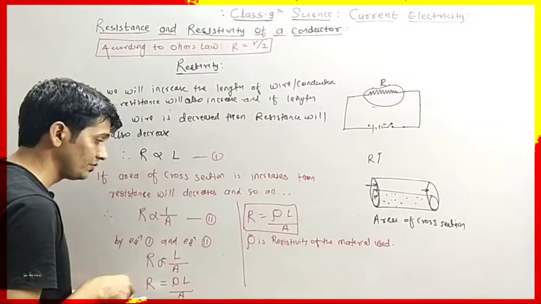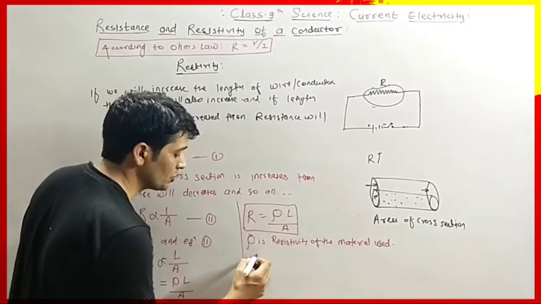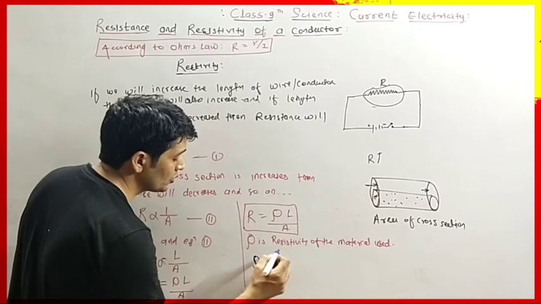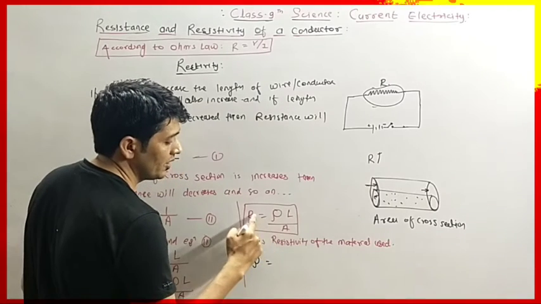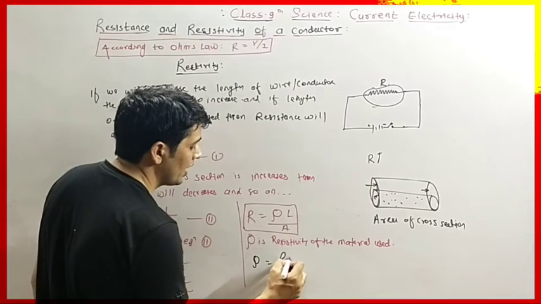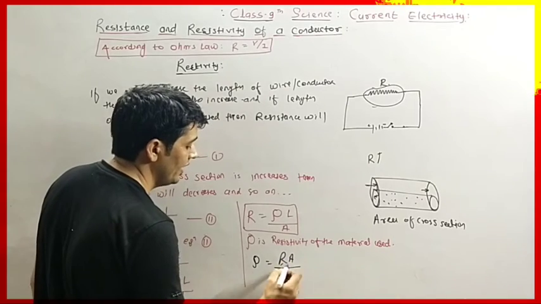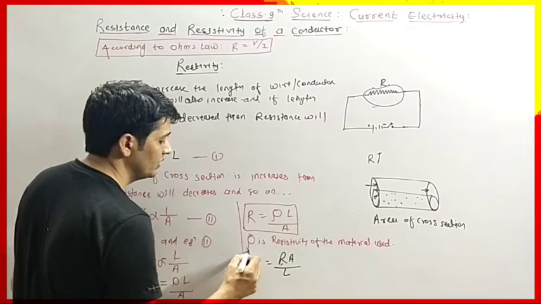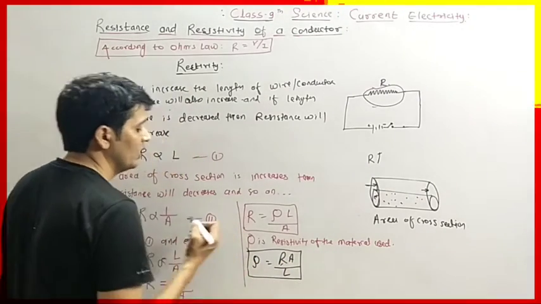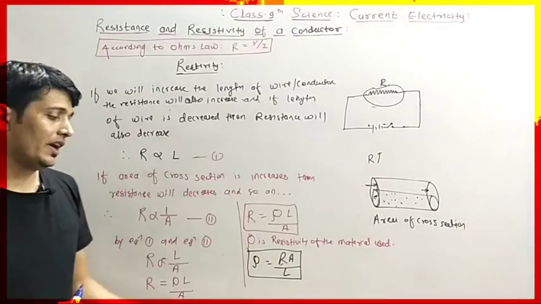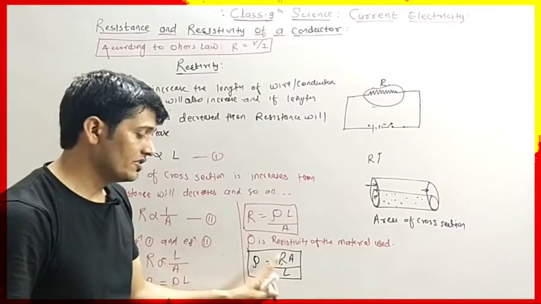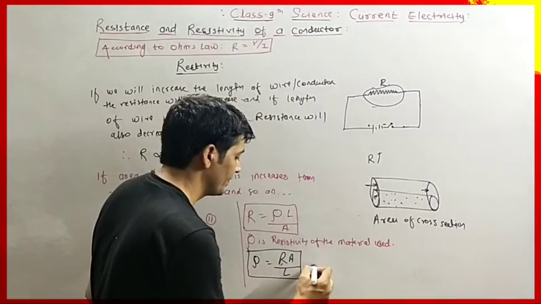So rho equals, A will multiply with R, so R into A divided by L. This is the formula for resistivity. And here resistance is in ohm.